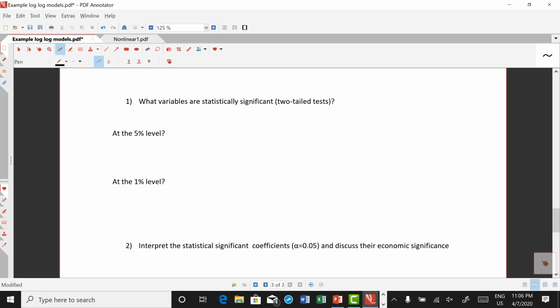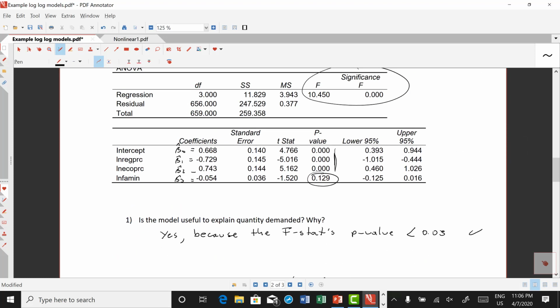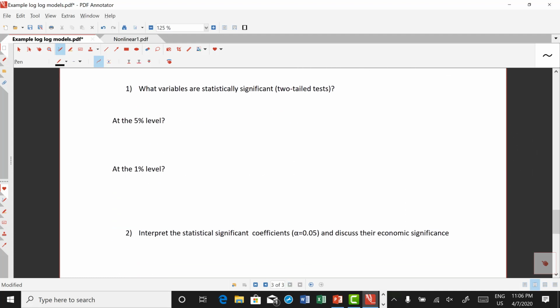So what variables are statistically significant? At the 5% level, if we go back, we know that it's the log of the regular price and the log of the eco price. And also at the 1% level. Family income is not significant at the 5 or even 10% level. So at the 5% level, we know the natural log of the price of regular apples and also the natural log of the price of eco-label apples are significant, and the same here.